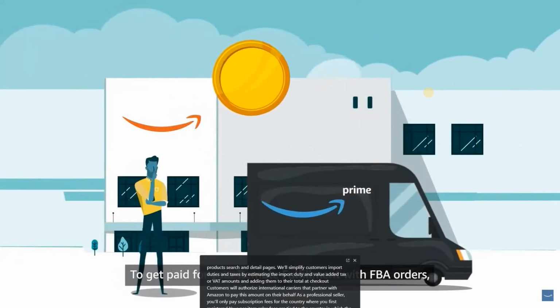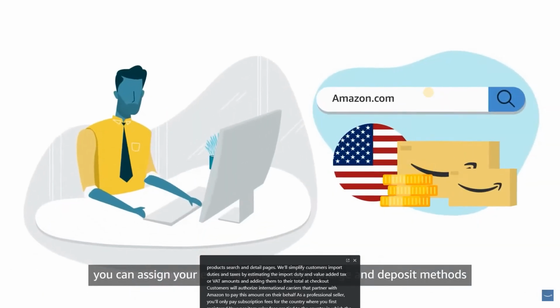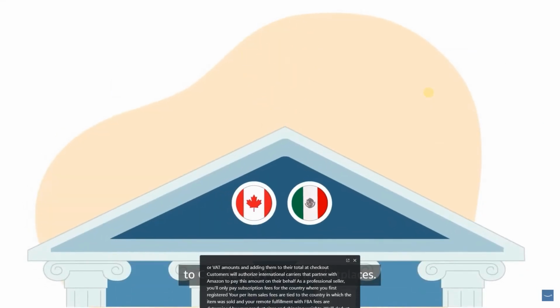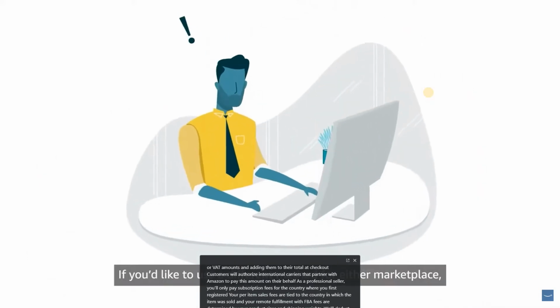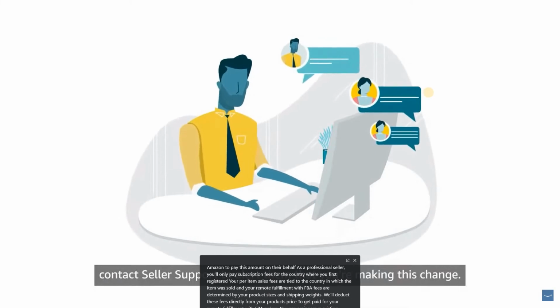To get paid for your remote fulfillment with FBA orders, you can assign your existing Amazon.com charge and deposit methods to Canada and Mexico marketplaces. If you'd like to use a different method for either marketplace, contact seller support to alert them that you're making this change.